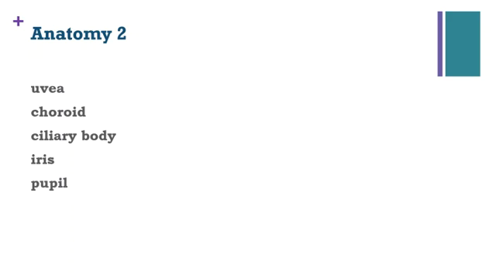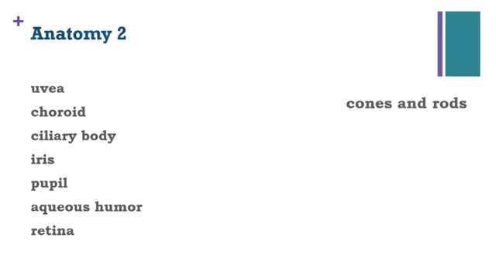The anterior cavity of the eyeball is filled with a watery fluid called the aqueous humor. The retina, which lines the posterior three-quarters of the eyeball, is the beginning of the visual pathway. The site where the optic nerve exits the eyeball is called the optic disc.